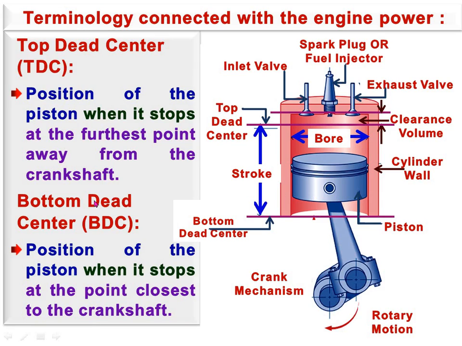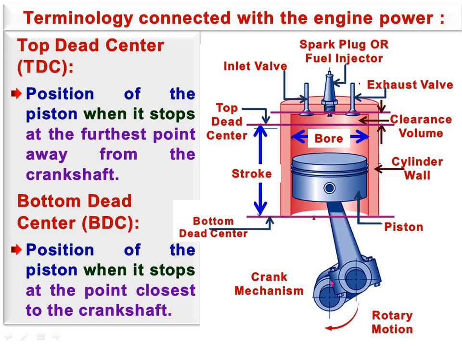Now, before going into detail on the two-stroke and four-stroke engines, we will go through the terminology connected with engine power. So first we understand the terminology connected with engine power. First, top dead center, that is called simply TDC. It is the position of the piston when it stops at the farthest point away from the crankshaft.